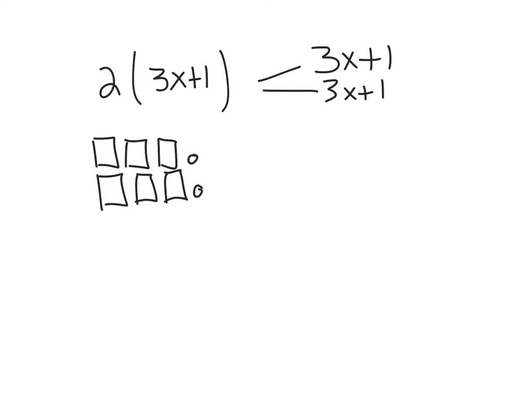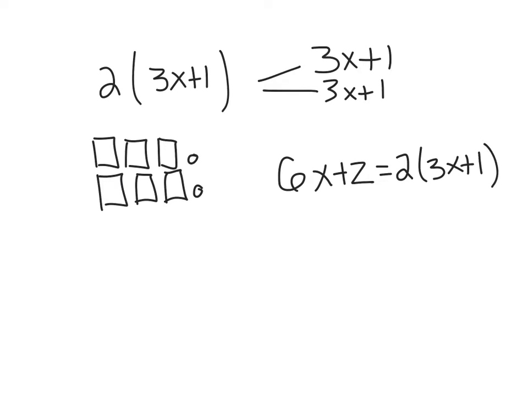So 1 group, then 2 groups. Either way, that should give us 6 x's plus 2.